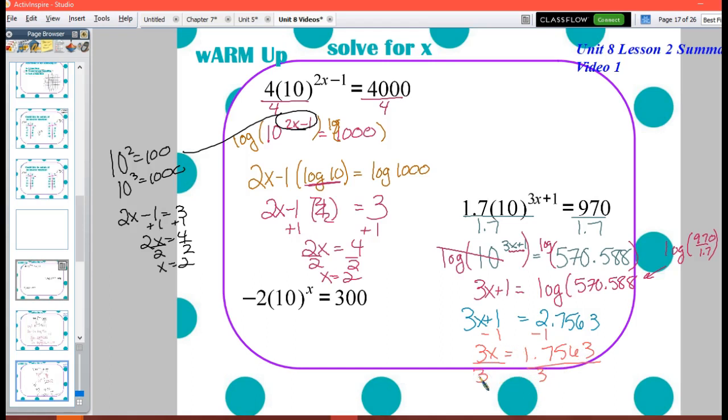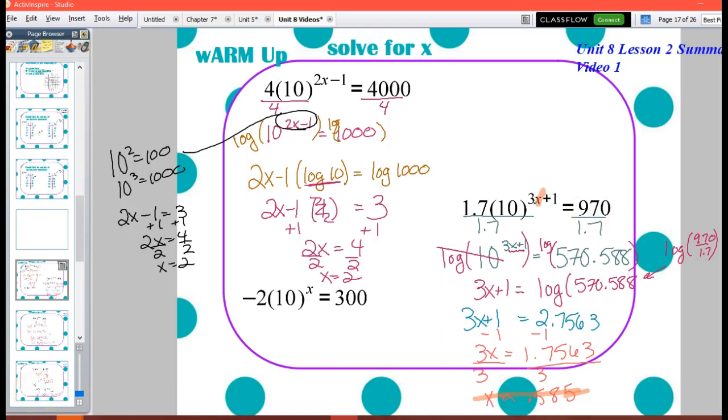I get x to be approximately 0.585. And if you ever check, this decimal isn't going to be perfect, but you could always plug that value back in up here to your equation, and it should come out to about 970.